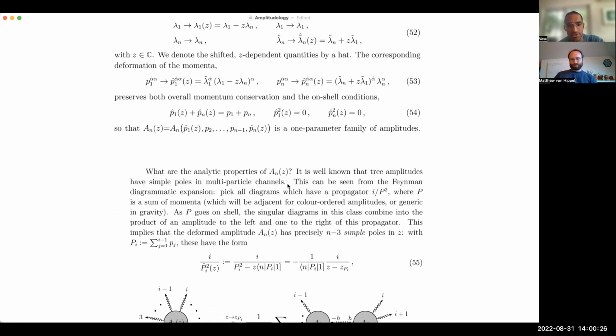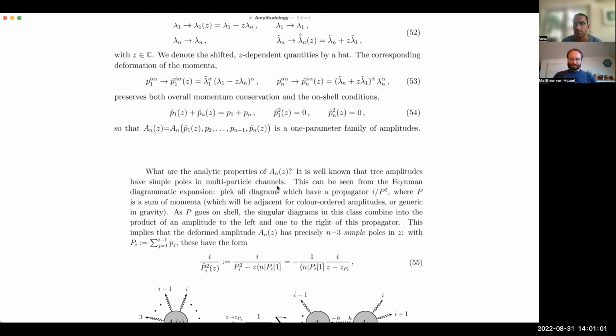Tree-level amplitudes have simple poles in multi-particle channels. I guess this goes back to what you were saying, that tree-level amplitudes are rational functions of the kinematic data. And just from knowing that tree-level amplitudes are vertices sewn together with propagators being inverse functions of momentum, really inverse functions of the free particle Hamiltonian, we should expect that when the momentum goes on shell, the propagator is a 1/0 looking thing.